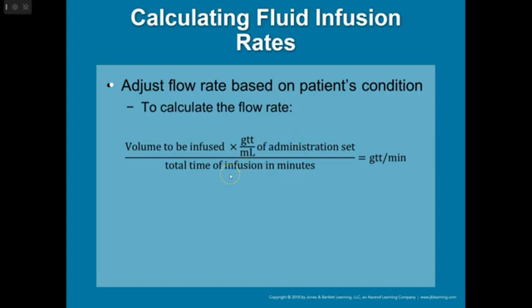Total time of infusion, let's say 4 hours. So that has to be converted down to minutes. 60 times 4 would be 240 minutes. And then we just simply plug that into our calculator. 1,000 times 10 would be 10,000 divided by 240 gives us 42 drops per minute.